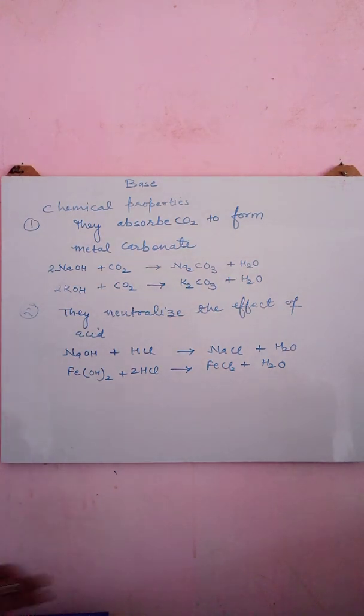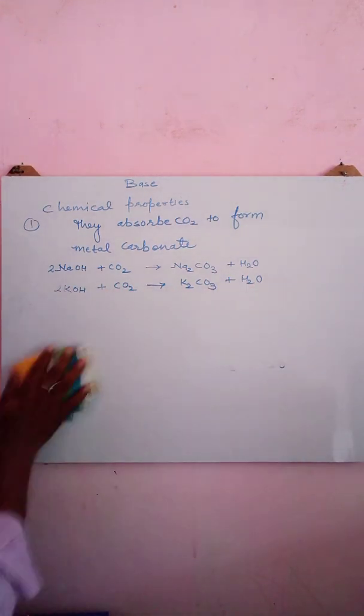Okay? Now see the third chemical property of bases. The third chemical property is related to the formation of precipitate of metal hydroxide.